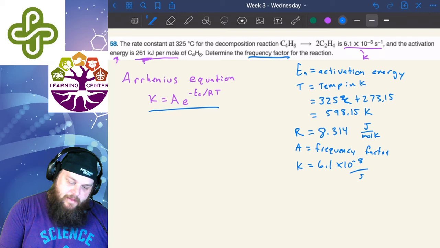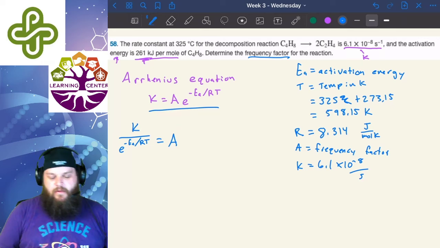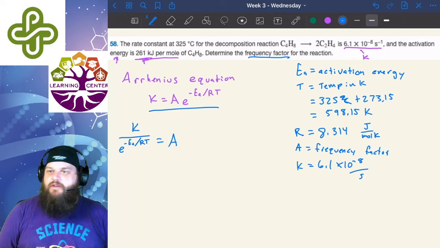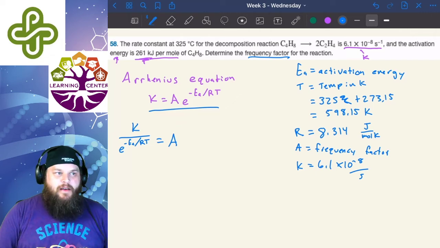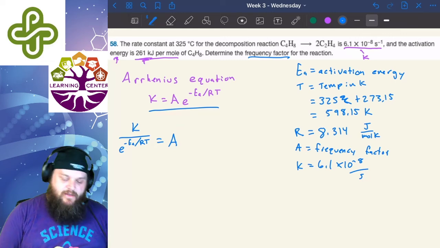To do that, really just a little bit of arithmetic. k divided by e to the negative Ea over RT is going to equal that frequency factor. So really it's just knowing the equation to use for these things, plugging in the right values and rearranging and doing the math for it all. Because a lot of things are in the exponential, we oftentimes have to use the natural log, but not in this case. In this case, the frequency factor is not there.